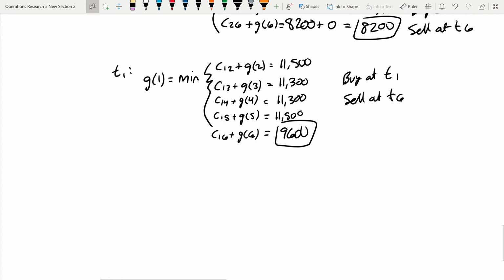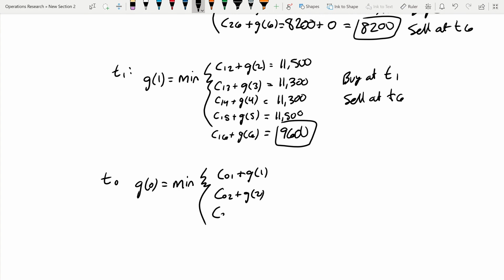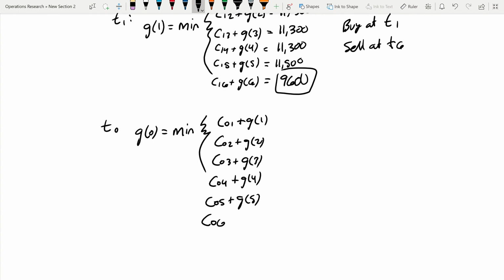Then lastly, we can take time 0 here and find G of 0, which is going to be our minimum of. We can go from 0 to 1 plus G of 1, 0 to 2 plus G of 2, 0 to 3 plus G of 3, 0 to 4 plus G of 4, 0 to 5 plus G of 5, or 0 to 6 plus G of 6. And you can see how the computation gets a little bit heavy for these.